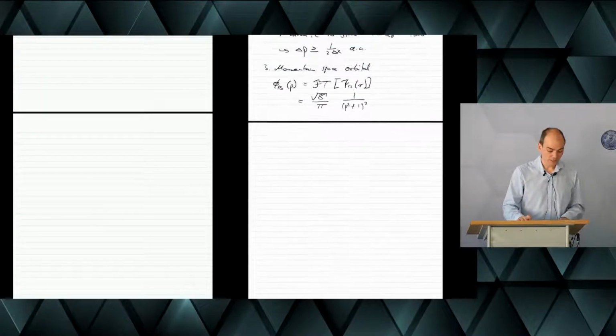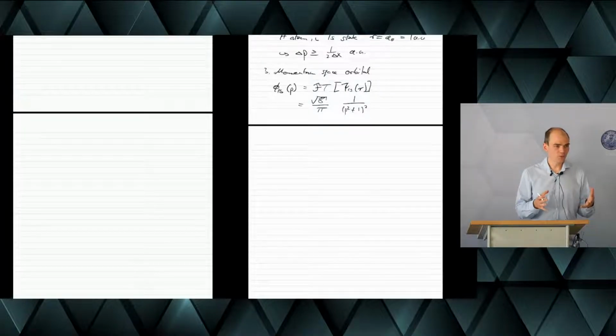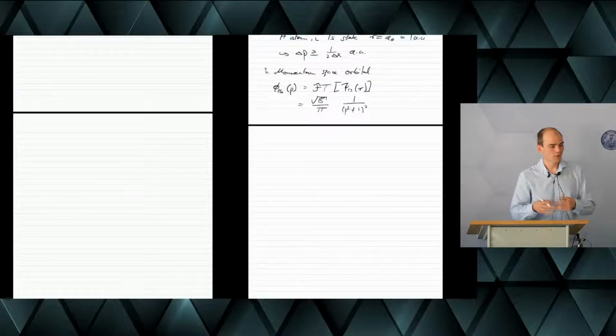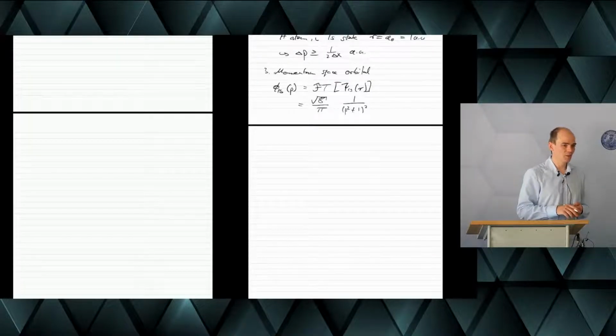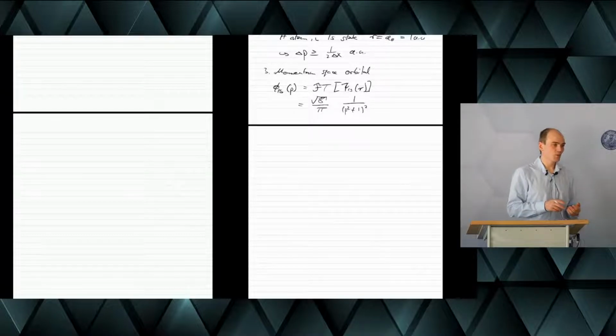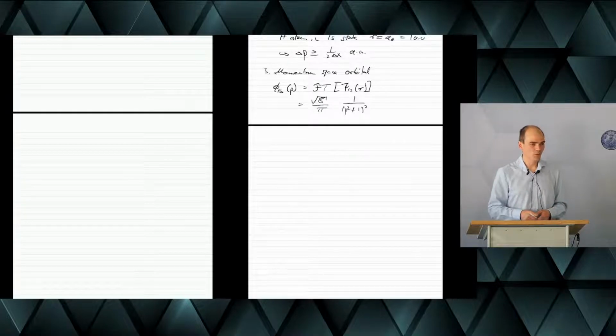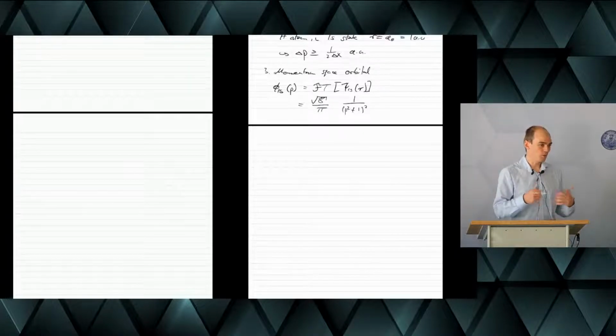Now, if the momentum space orbital is actually related to what we measure, this would have the interesting implication that we could image the orbital wave function using tunnel ionization. And because we use short laser pulses, we could potentially even image changes in the momentum space wave function on a femtosecond time scale.